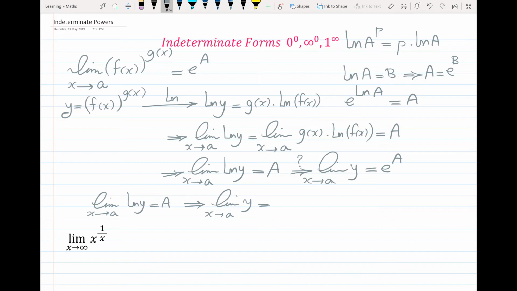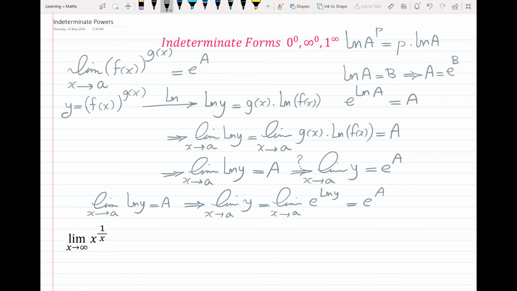So instead of y, we write e to the ln of y. We know that e to the ln of y is y. When x approaches a, the limit of ln of y is A, so we can replace it with A and we get e to the A. So the limit of y when x approaches a equals e to the A. This is the more mathematical way of proving this conclusion.